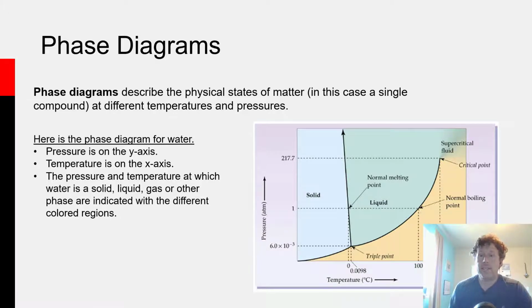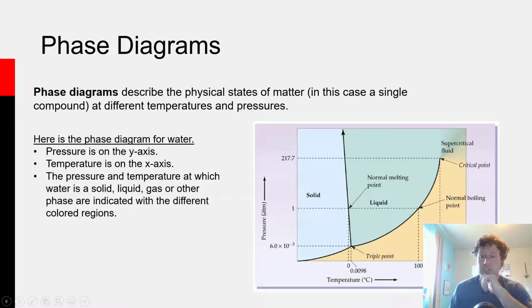It's not surprising since 1 atmosphere of pressure and 100 degrees Celsius is the normal boiling point of water, that if we look at that point on water's phase diagram, you should see that that dot is between the liquid and gas phase, and that indicates that water vaporizes under those conditions.